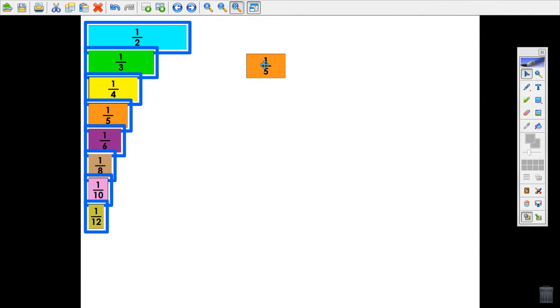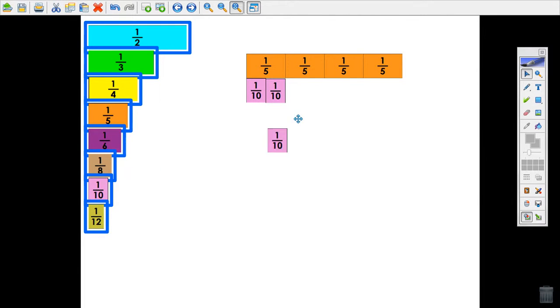So I want 4/5: 1/5, 2/5, 3/5, 4/5. And we're going to make that equal to 8/10: 1/10, 2/10, 3/10, 4/10.